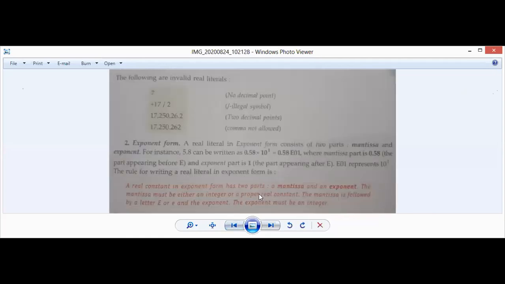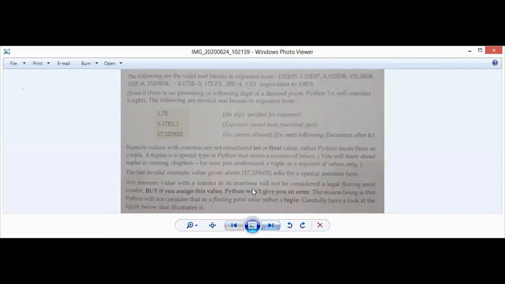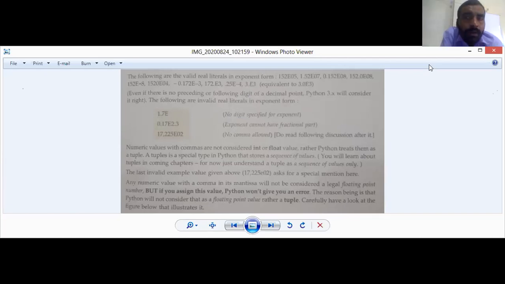Here you can see the rule given: the exponent must be an integer. It can be of 1 digit, 2 digit or 3 digit. It doesn't matter. But remember, E cannot be blank. E cannot be blank means after E there must be a digit, either 1 or 2 or 3. Have you understood? Any problem? Yes, sir.